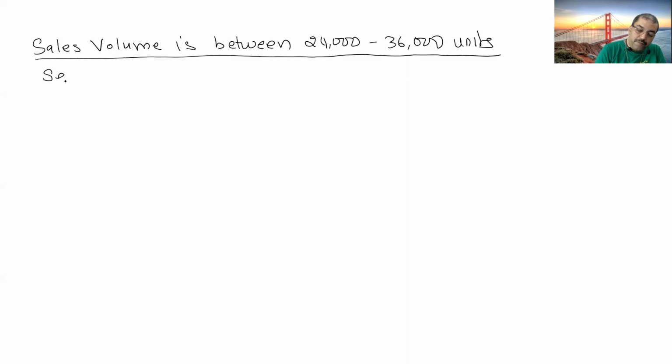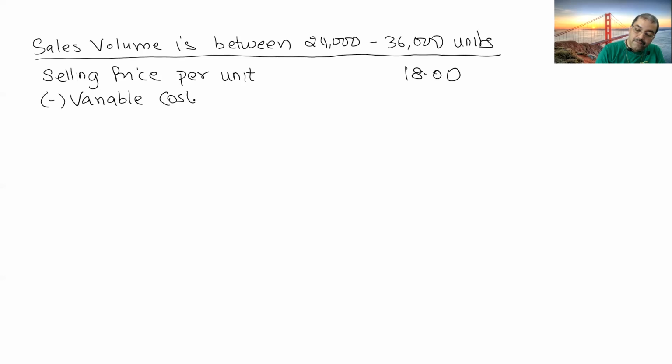Selling price per unit in this range is 18 rupees, minus variable cost per unit of 15.5.